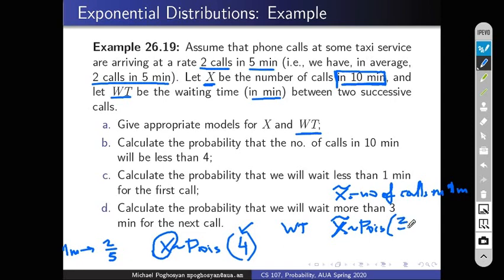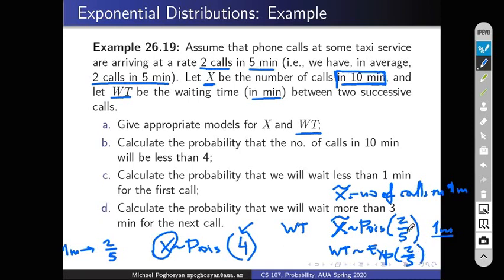So Poisson with parameter 2/5. And because this is in 1 minute unit, waiting time is exponential with the same 2/5.